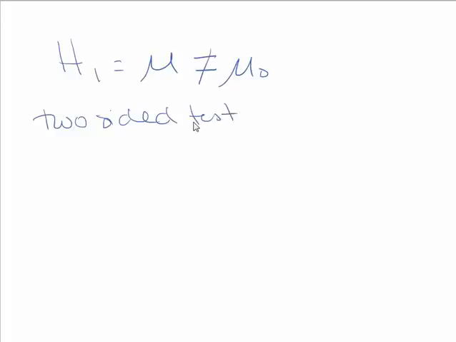Essentially, it's because we're trying to determine whether or not the mean is equal or not equal to a particular value. So essentially, the alternative hypothesis is that the mean is actually smaller than or larger than mu naught. So it's either smaller or larger, and so we call it the two-sided test. So again, the two-sided test looks like this.